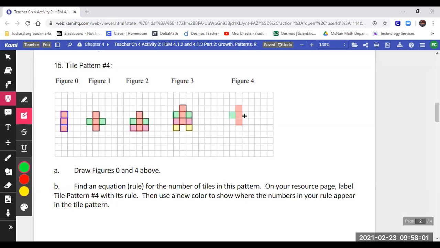Yep. Green. Okay. Then we have the purple. Where's the purple going? Below the green, right? One on the left, one on the right.